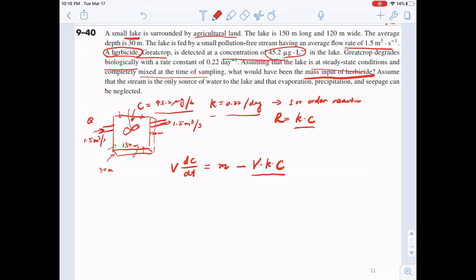And what we also need to notice is that not only is the chemical being degraded in the water, it's also being transported outside the lake, right? So we need to consider this process, which is Q multiplied by the concentration of the chemical in the water, okay?